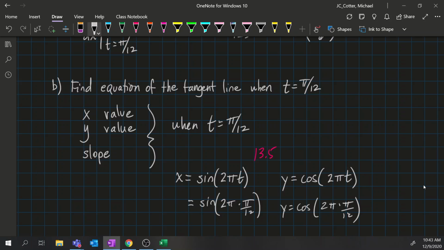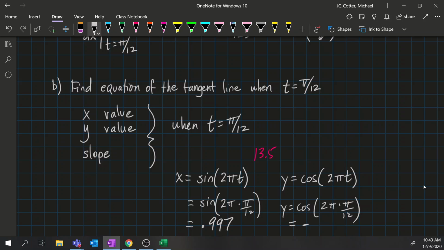So I'm going to put those in my calculator. You don't even have to simplify it first, you can just type it right in your calculator. And for this one you get 0.997. And for the other one, for the cosine, it's probably going to be close to 0. We'll see.